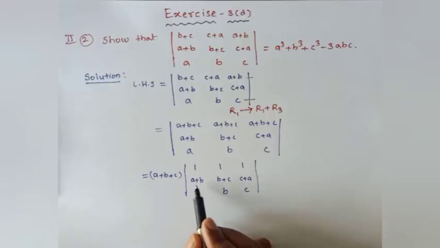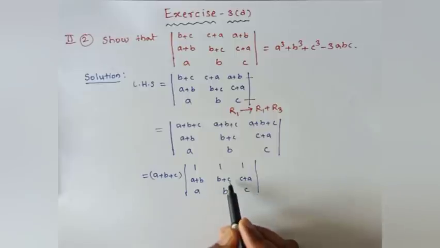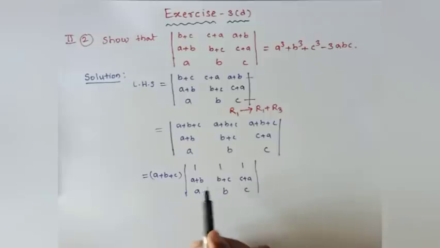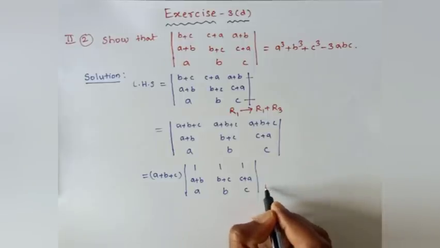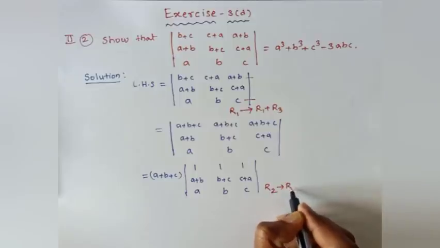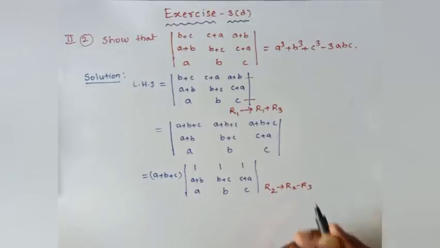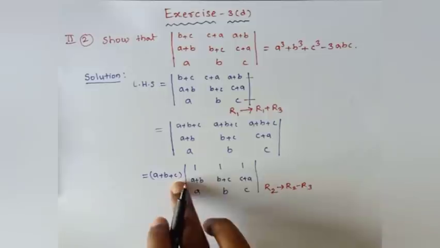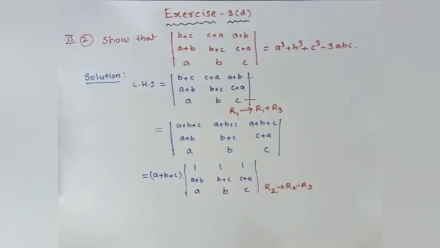Observe the second row and third row. Here a plus b and a, b plus c and b, c plus a and c. We can eliminate this a, b, c by using the third row, so apply the operation R2 changing to R2 minus R3, row 2 elements minus row 3 elements.